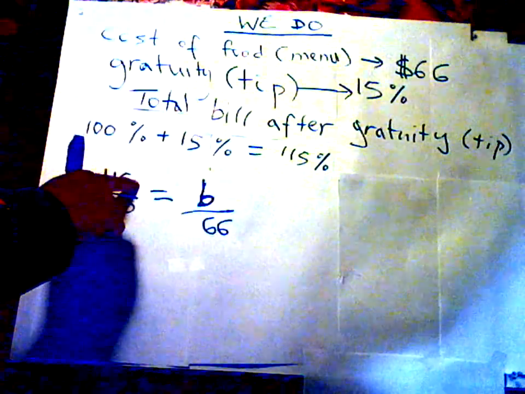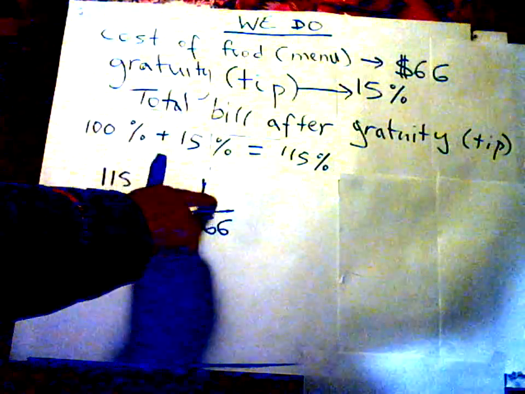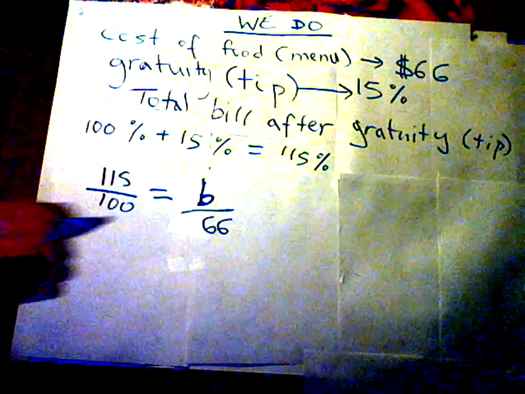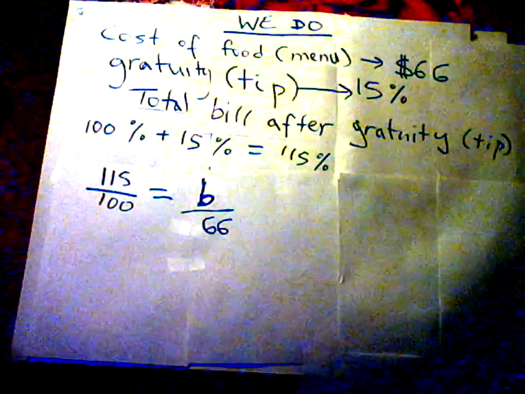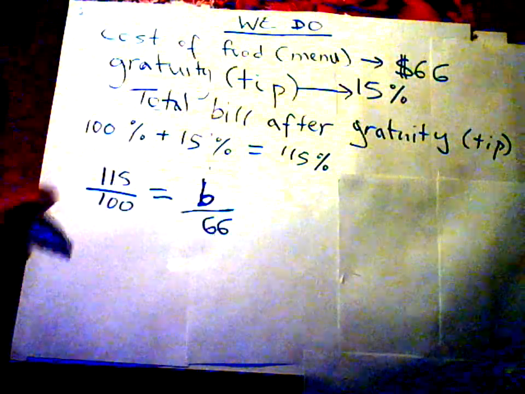So 115%, notice, is on the numerator, and so is the bill. So that's the big amount of money that I'm trying to find. And the original amount, which is the $66, that's what I'm working off, is on the denominator.